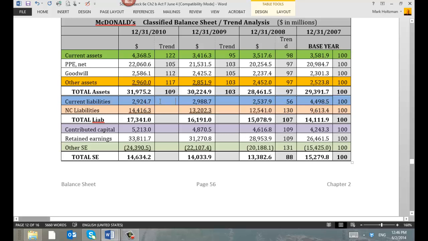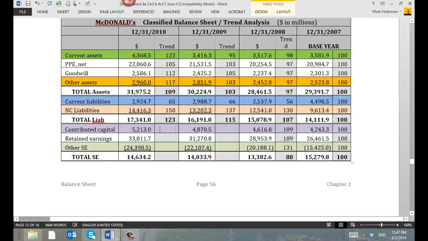So for total assets, I would have 109 in 2010 and 103 in 2009. For current liabilities, I have 65 in 2010 and 66 in 2009. Non-current liabilities, I have 150 in 2010 and 137 in 2009. So total liabilities is 123 in 2010 and 115 in 2009.